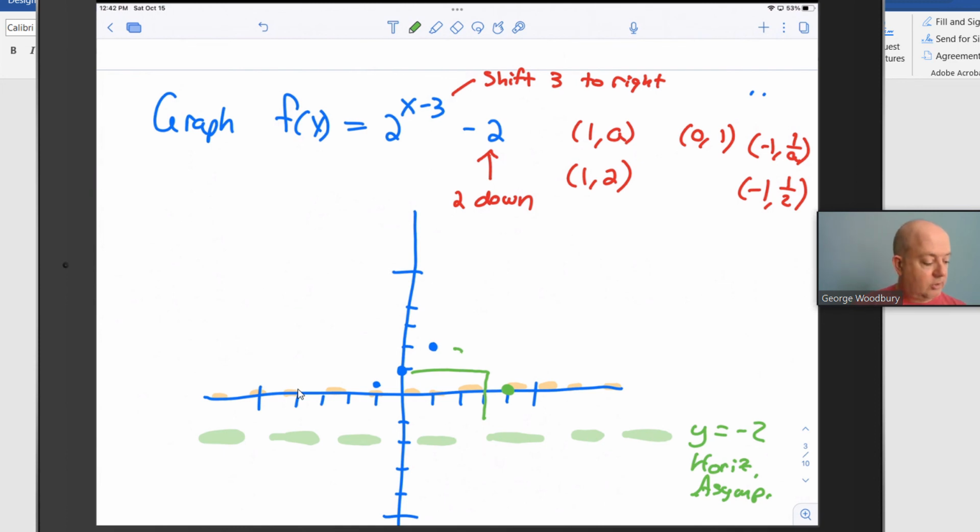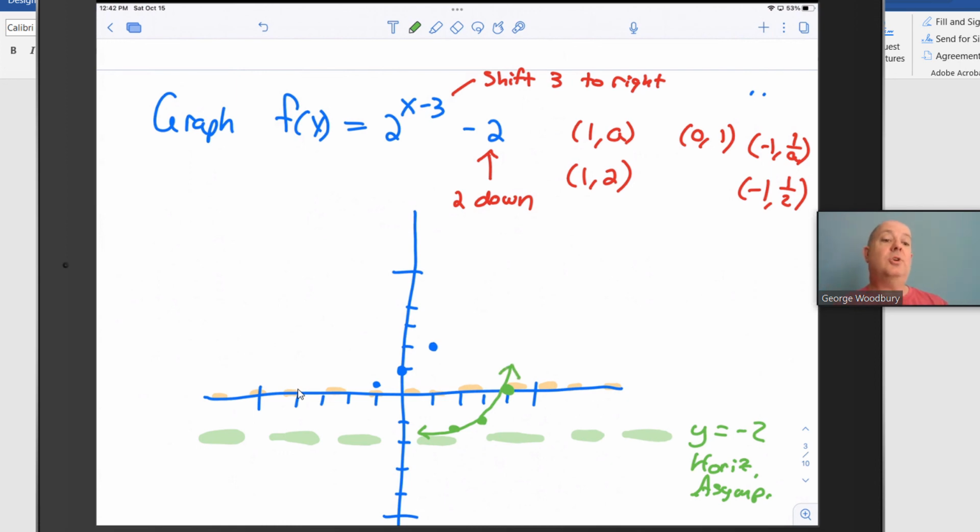And again, that's 3 to the right and then down 2. Finally, at negative 1, 1 half, moving 3 to the right, 0, 1, 2, down 2 would get us to negative 1 half, negative 1 and 1 half. That would be about there. And there's a rough sketch of the graph.